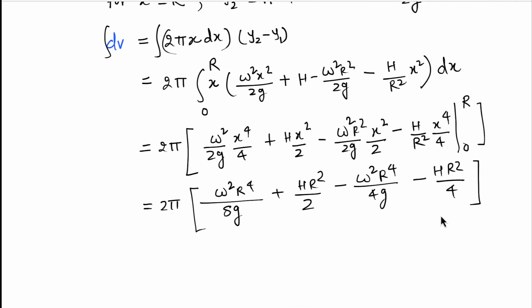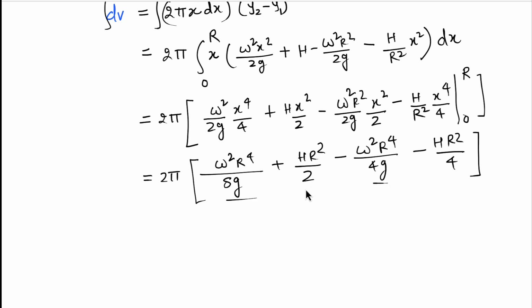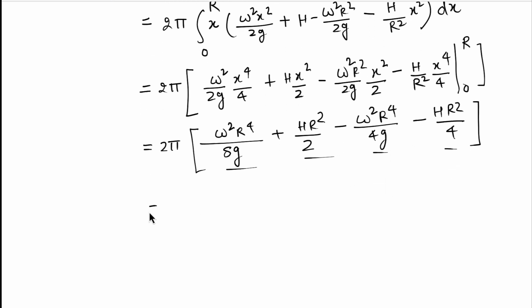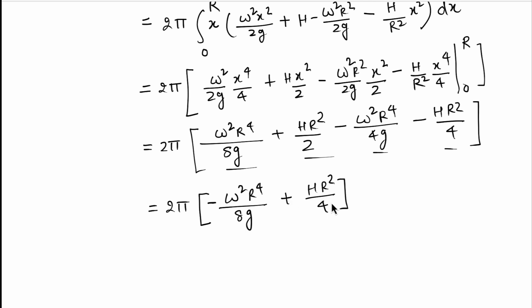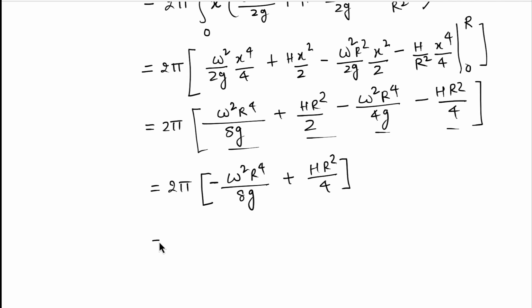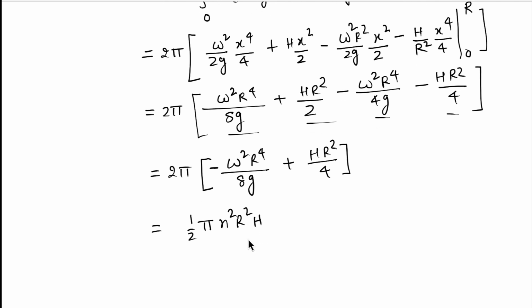Now this will get simplified. We can just combine these two. So this will become 2 pi times minus omega square r to the power 4 by 8g plus h r square by 4. And we know that volume is constant, so this has to be equal to 1 by 2 pi n square r square h, as computed earlier.